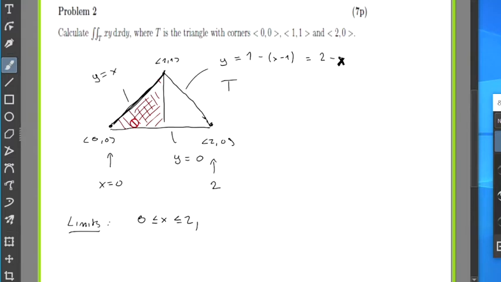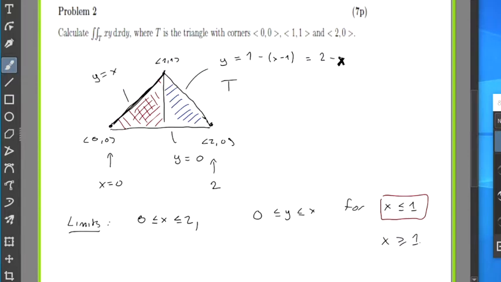That's where y is 0, and it goes up to here, where y is equal to x. However, in the right part of the triangle, so when x is larger than 1, y again starts at 0, but it goes up to this line, which is then 2 minus x instead of x.